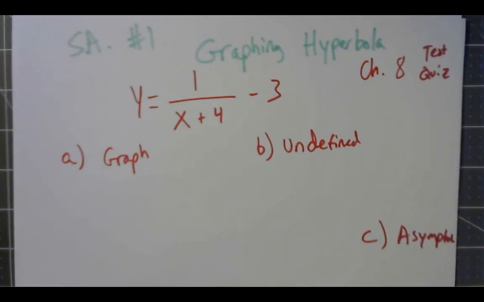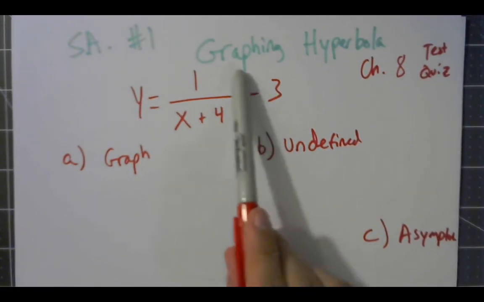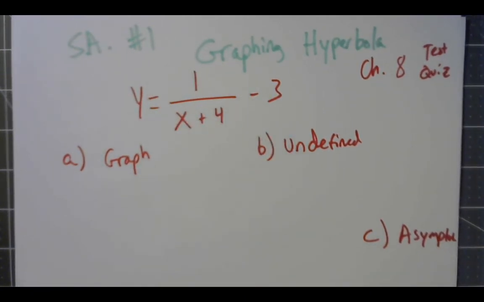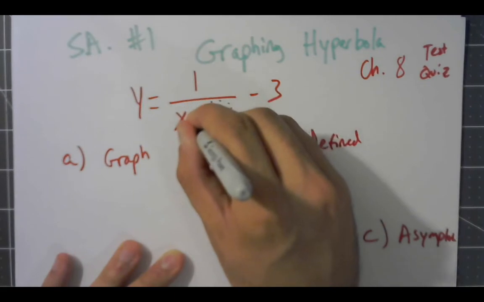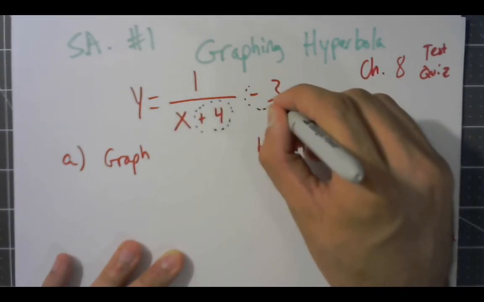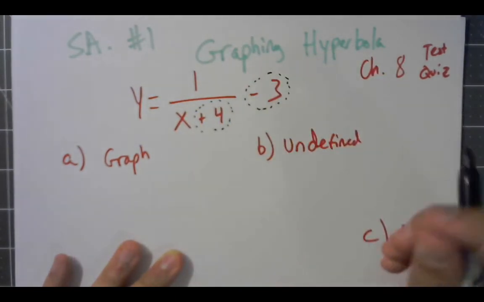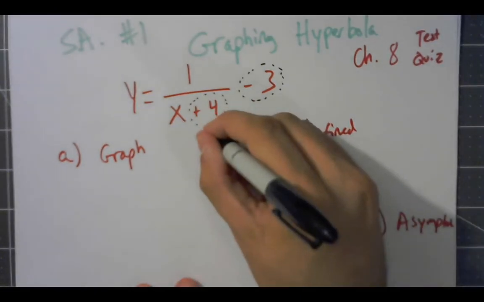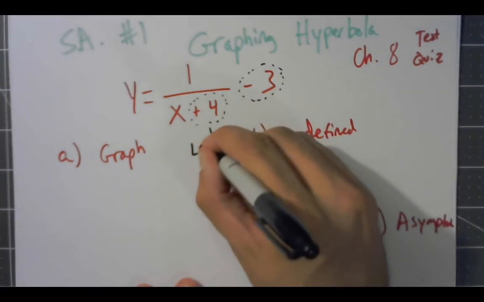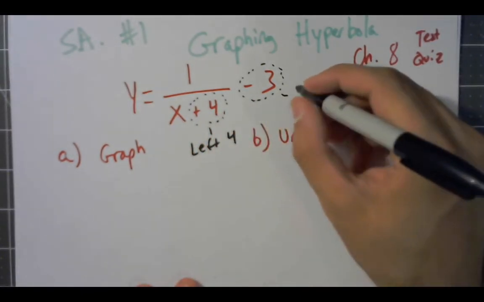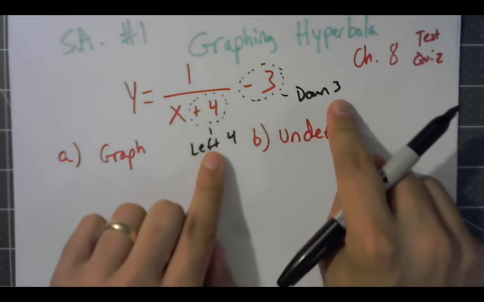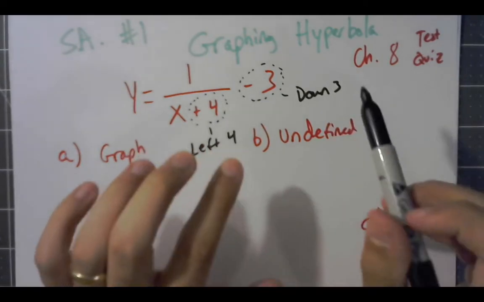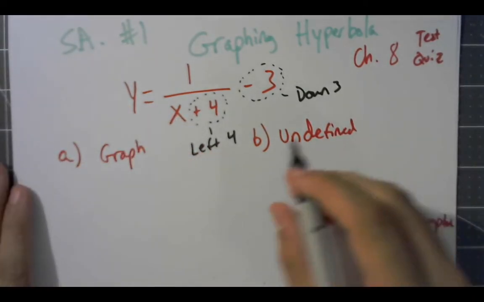We'll start off by graphing. So we have a hyperbola. We know that by having the x in the denominator. Having the x in the denominator means that I know the shape of it. The plus 4 means I'm going to go left 4. The minus 3 means I'm going to go down 3. What these are going to do is give us our asymptotes, our imaginary lines that can't cross.